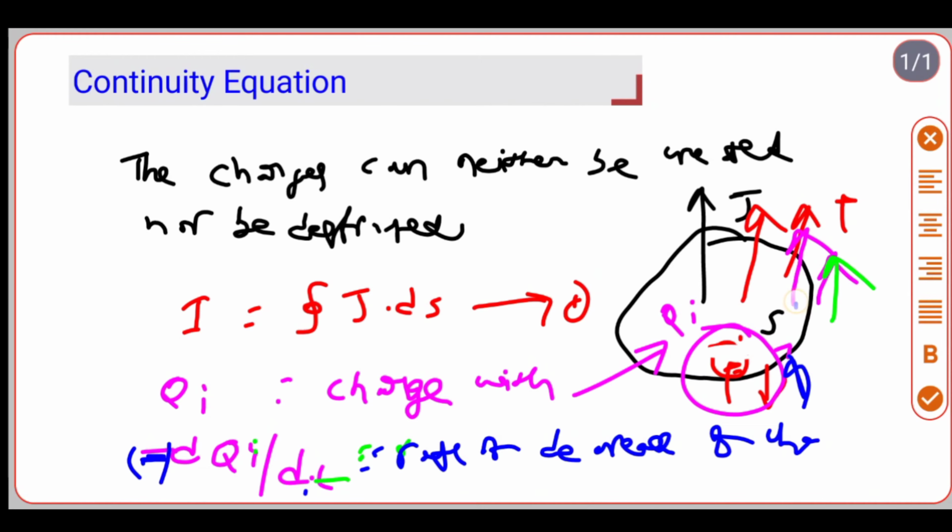The rate of decrease is the same as the rate of outward flow of charge, which means a current.